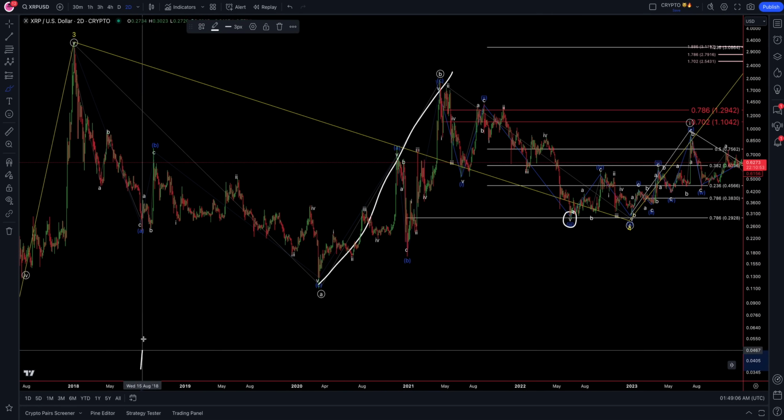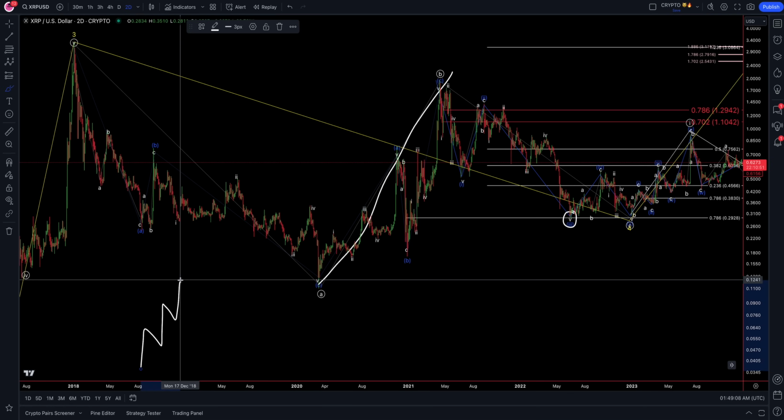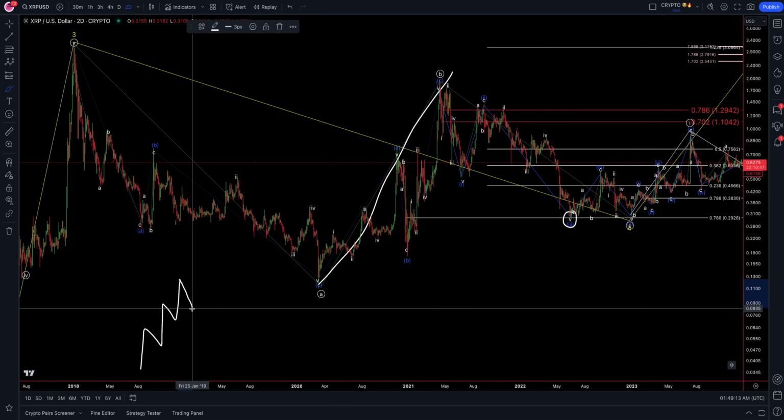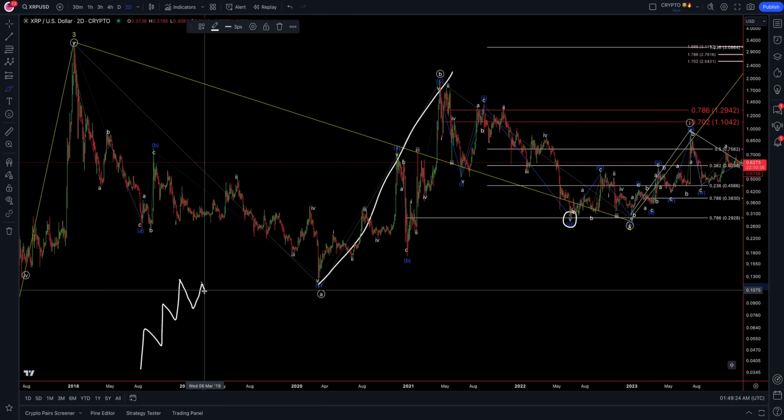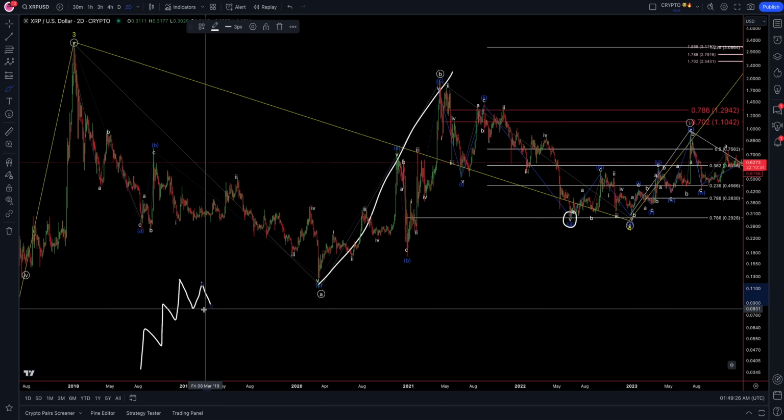Because whenever you have a 5-wave move to the upside, it would make sense to come down after 5 waves. So that's your A wave, but then you need a counter trend, which would be your B wave. And then you have your C wave for your continuation of the correction, like this.